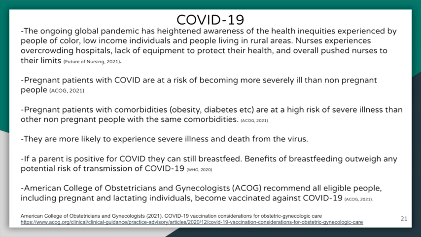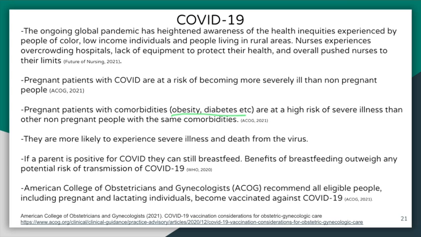Nurses experience overcrowded hospitals and lack of equipment to protect their health, which overall pushes nurses to their limits. Pregnant patients with COVID are at risk of becoming more severely ill than non-pregnant people. Pregnant clients with comorbidities like obesity and diabetes are at higher risk of severe illness than non-pregnant people with the same comorbidities. They are more likely to experience severe illness and death from the virus.